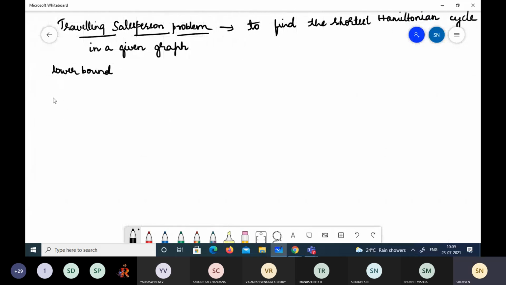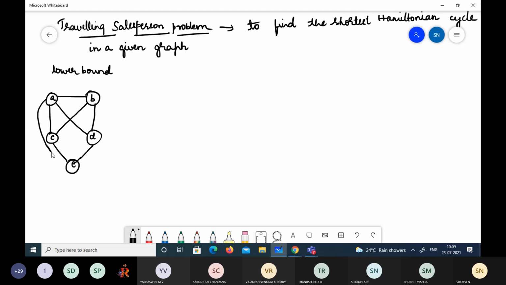So if this is the graph, these are the different weights associated with each edge. 6, 5.